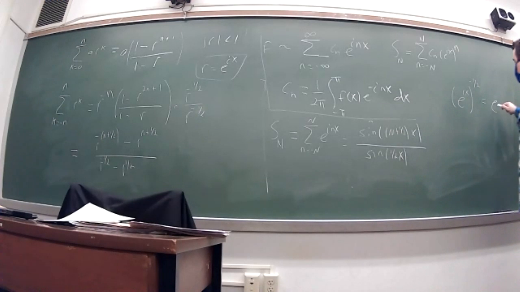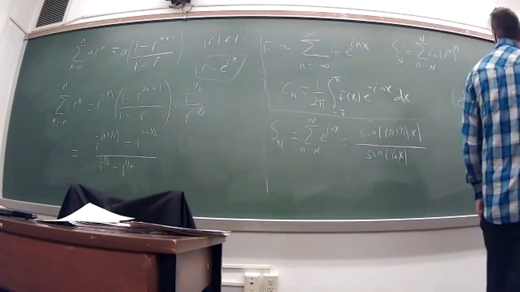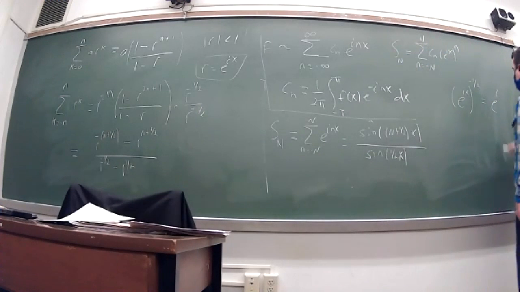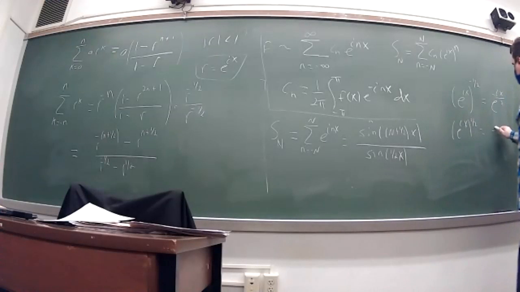So isn't this just e to the minus ix over 2, and e to the ix to the 1/2 is e to the ix over 2.